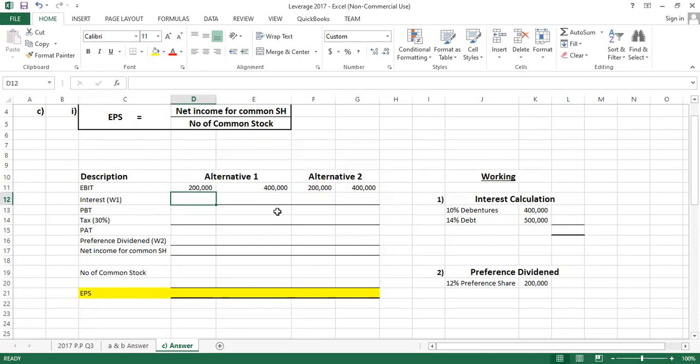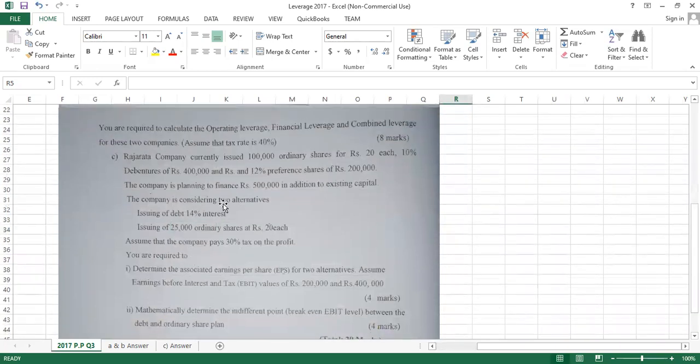Let's see how to calculate the interest. In this question, the company currently has issued 10% debentures for 400,000. So this is the debt capital, and we can calculate the interest for this 400,000.